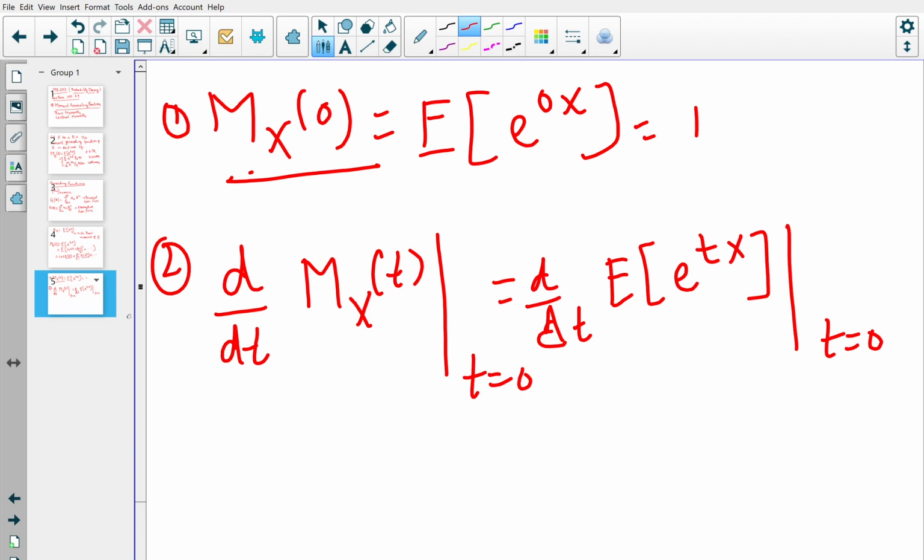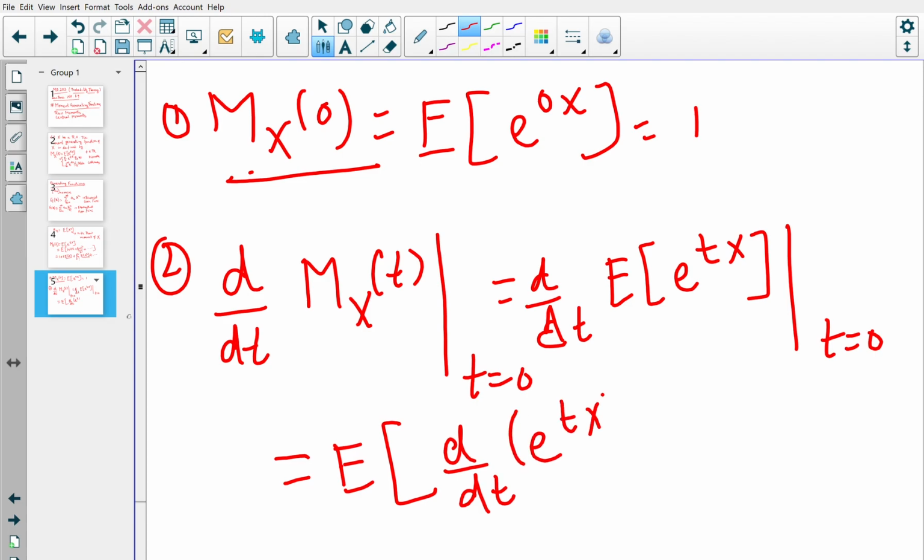I'm assuming the functions are nice, whatever distributions we learn in the class, for which we can do this interchange of derivative and expectation. I'm assuming these formal things, and then evaluating at t equal to 0.